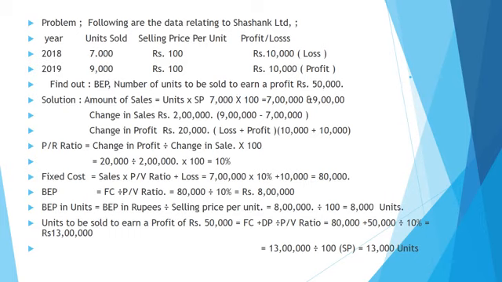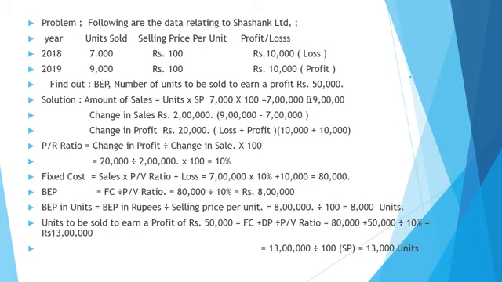See the two problems we have solved on information given for 2 years. One is both year profits are given, and in the second problem 1 year loss, 1 year profit.